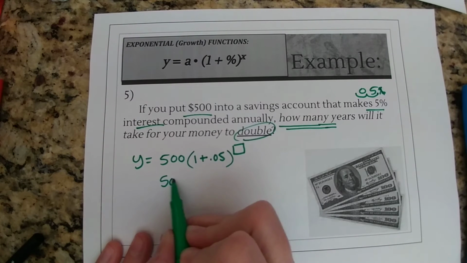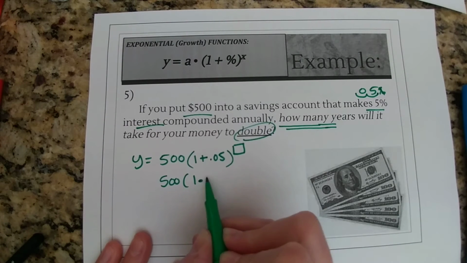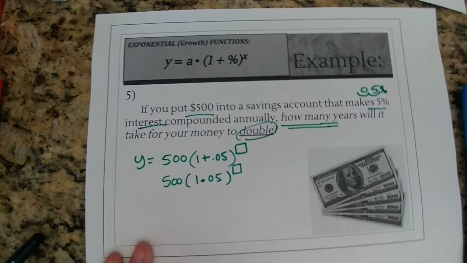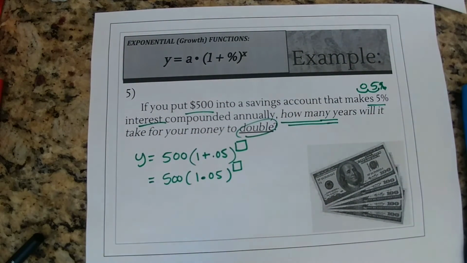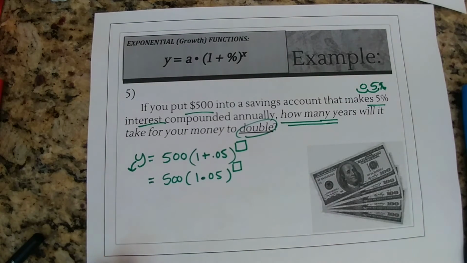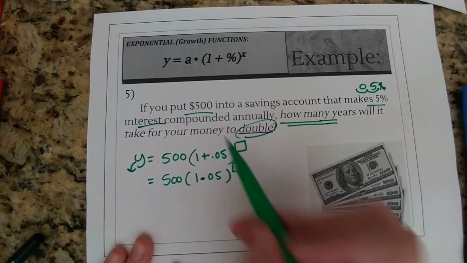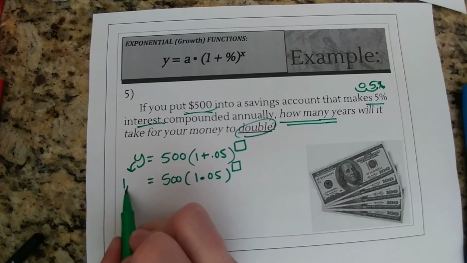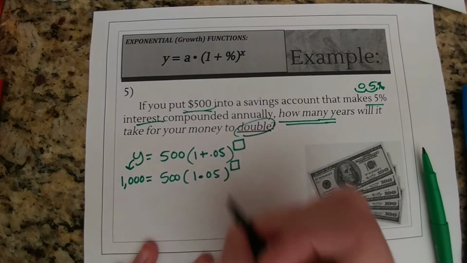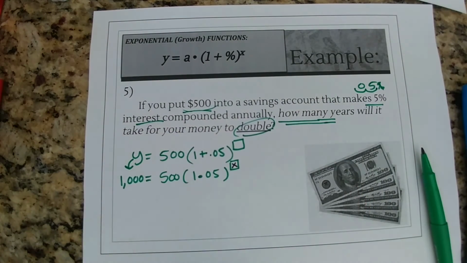Let's simplify. Time, don't know. But we want our money to double. So the amount of money that we want to have total in our account needs to double. If we started with 500, we want this amount of money to be 1,000. So we are trying to figure out how much time. So there's our x, or our variable.